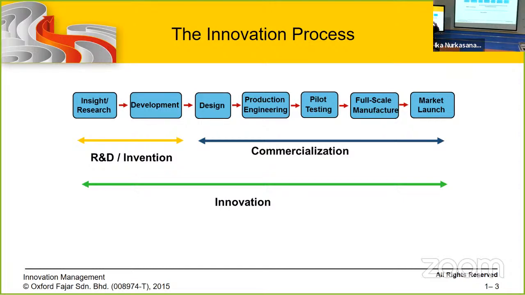Then we put a prototype, and when we design, it may be 2D, 3D, or maybe augmented reality, something where we can see a hologram and so on. So it falls under design, and under the production engineering, you are innovating something, you are improving the process itself. So the rest of these 7 steps, we call the innovation process.